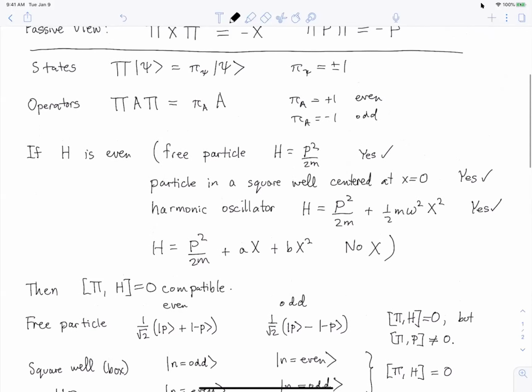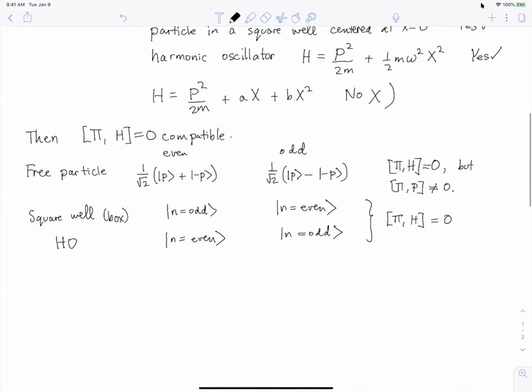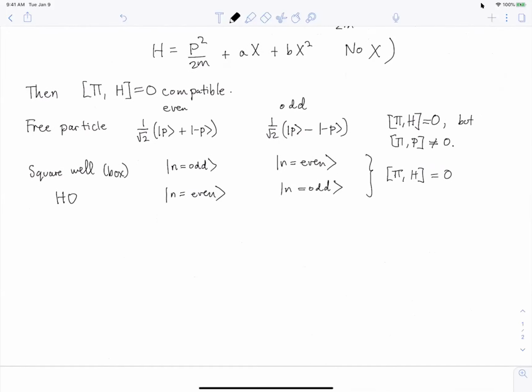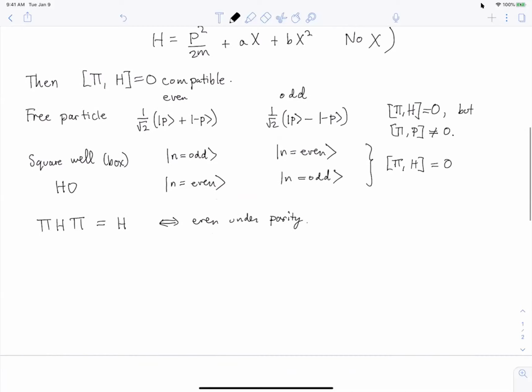So it goes back to, let me rewrite it here. This is the statement that the Hamiltonian is even under parity. So let's assume the Hamiltonian is even under parity, as it is in those three examples I mentioned. And now I can just act with pi on both sides, from the left.